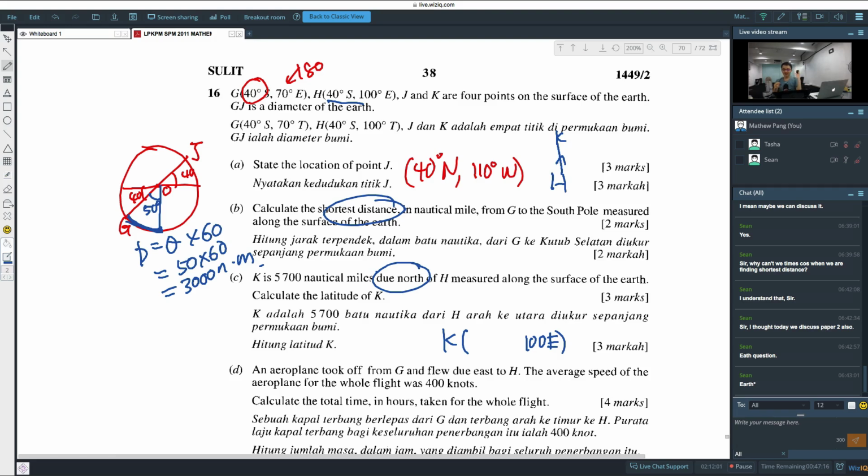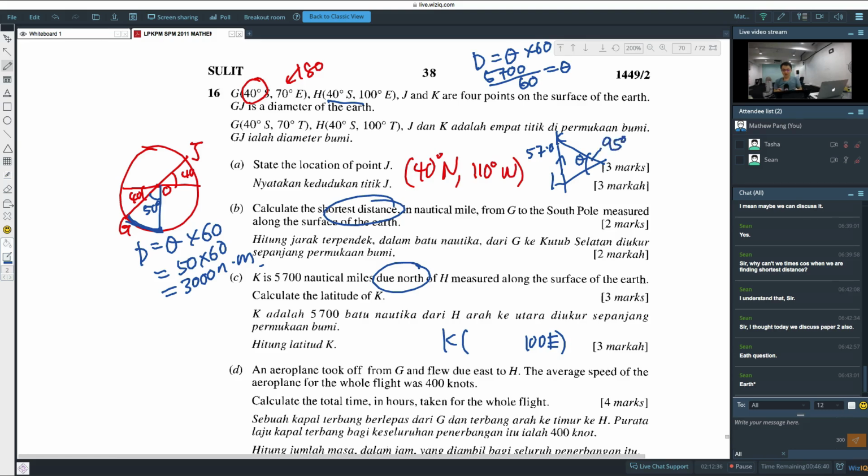My distance is 5700 and I want to find the angle, so I move the 60 to the other side and divide by 60. Using the calculator, 5700 divided by 60, the angle is 95 degrees. Then you have to imagine, from 40 south, I move 95 degrees to the north. If from 40 south I move 40 degrees, I go to 0, which is the equator. From the equator, I move another 55. So it will be 55 north.